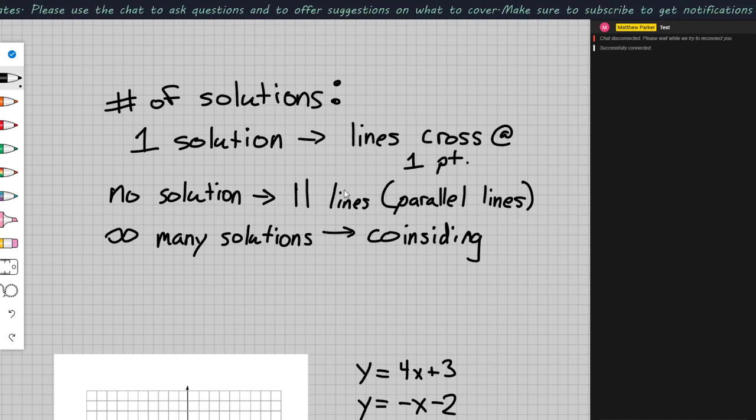I'm going to erase that and fix it. Coinciding lines. So what does that mean? That's when the lines are right on top of each other, or they're the exact same line.